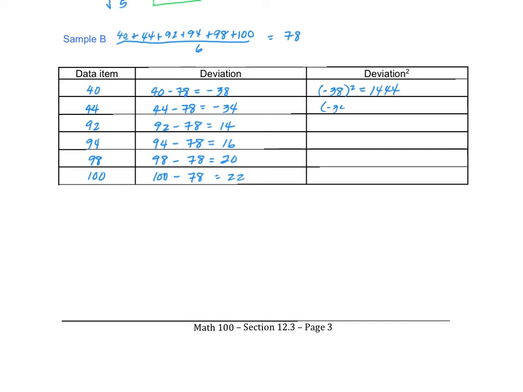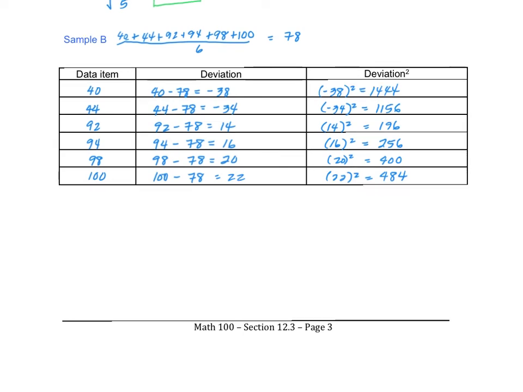Then the negative 34 squared would be 1156. 14 squared, 196. 16 squared, 256. 20 squared, 400. And then 22 squared, 484.